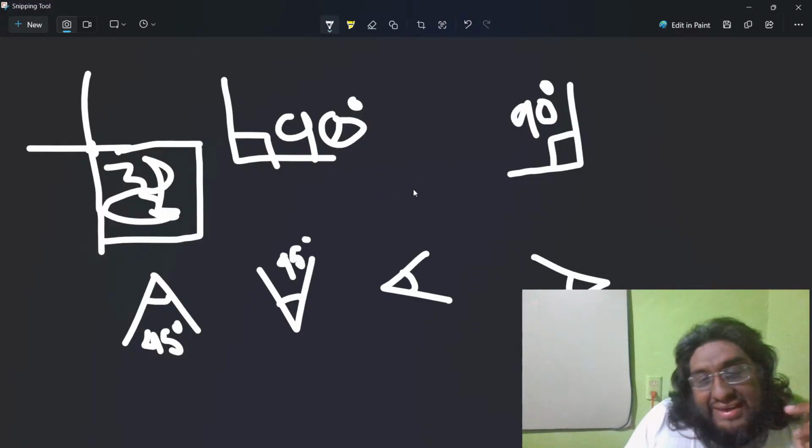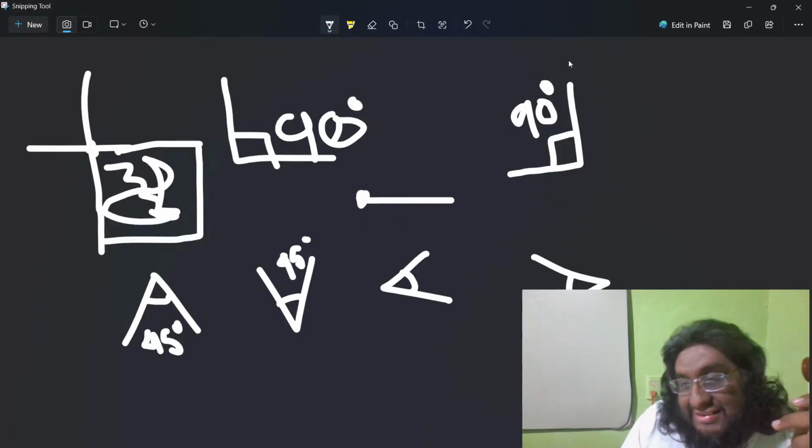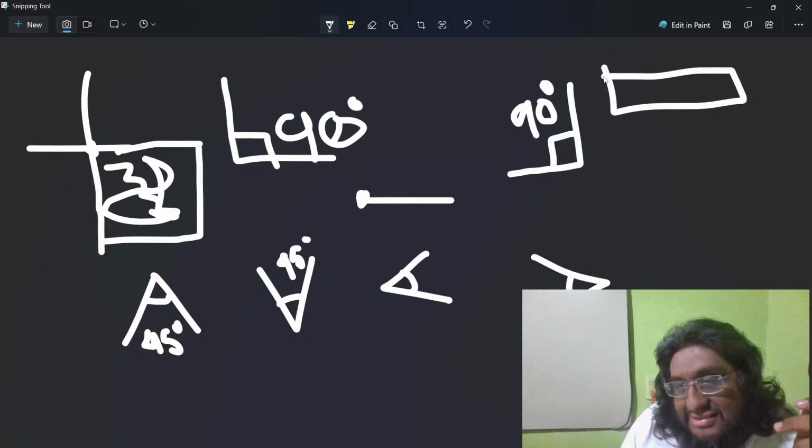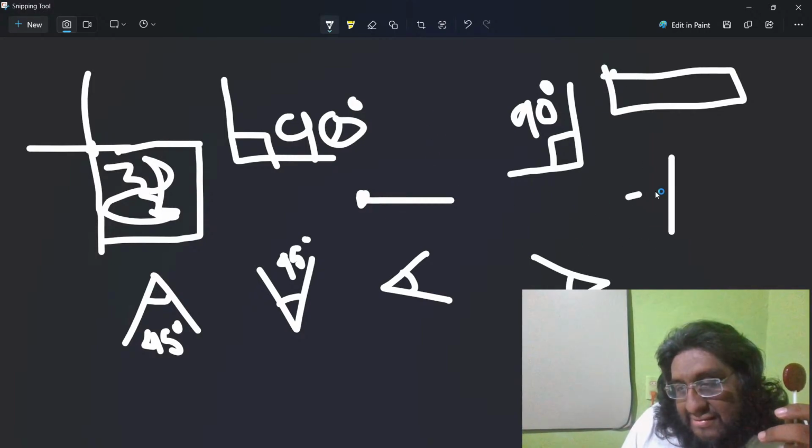I was saying we need to start the rotation from here. Since the straight edge looks like this, most angles that we have been studying start the journey from here. But I want to start from here.